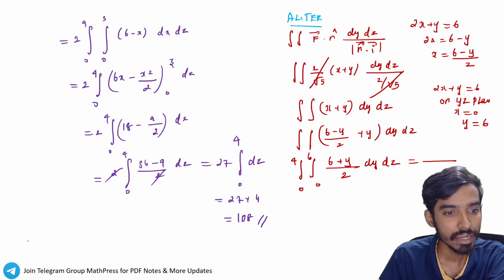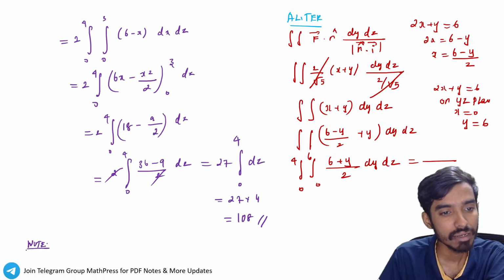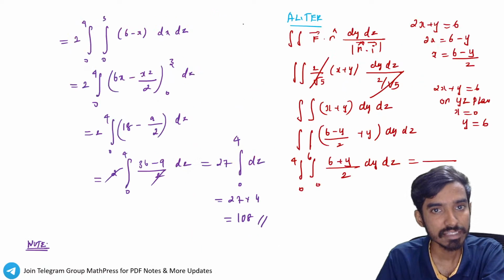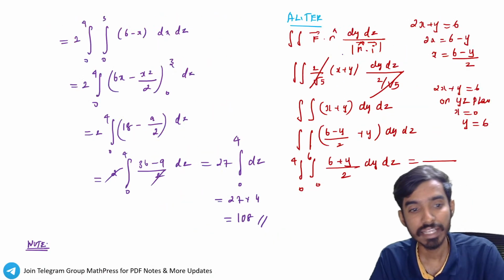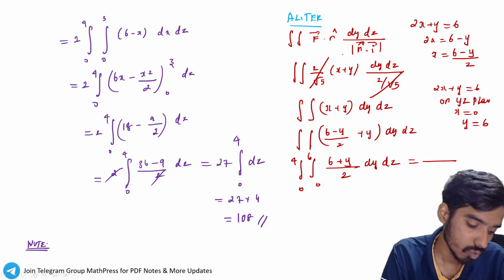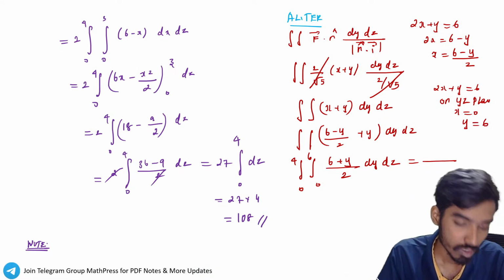Here you can note that you cannot choose the xy plane. You can either choose dx dz or dy dz, but you cannot choose the xy plane.